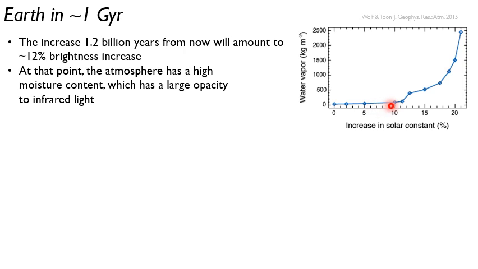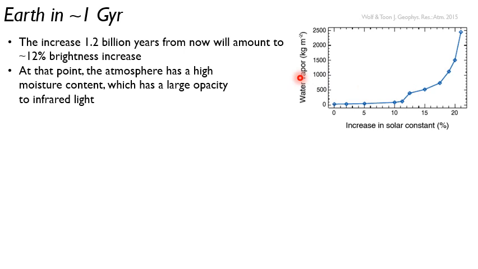And when you get to around 12.5%, you see what happens for the Earth's atmosphere, according to this atmospheric model: the water vapor content basically jumps. You get a big jump here, and that means the atmosphere has a high moisture content.